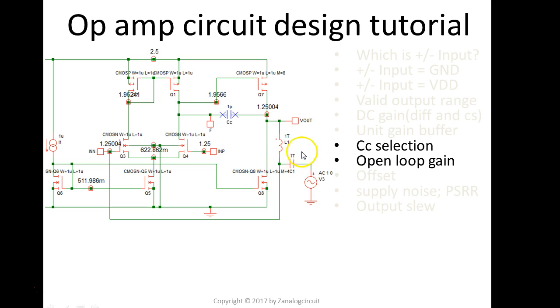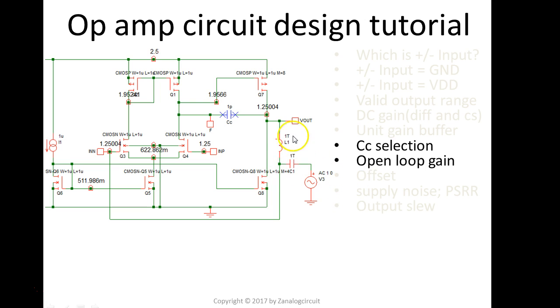Then there's this 1 terafarad cap. On the other side of the cap, we have an AC source, because this is an AC short, DC open, right? It also does not affect the DC bias point when it's here. But when you put an AC source here, it directly feeds the AC source to this node, because this is like an AC short.